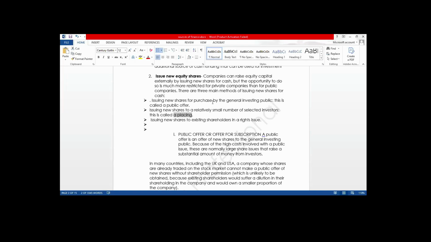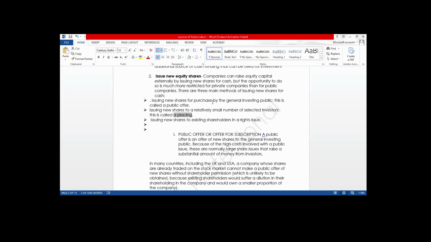Placing can also be done by a private company. The company will not announce issuing shares to the public under private placing. The company sources buyers for its shares privately by doing placing. It is not announced to the general public.